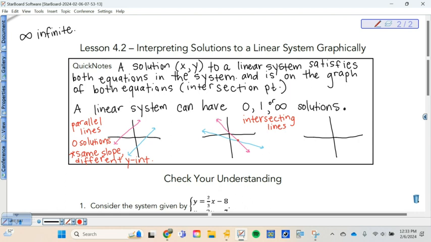They have one solution. And intersecting lines, we can tell if they're intersecting because they're going to have a different slope. If two lines have different slopes, that means they're going to intersect somewhere.